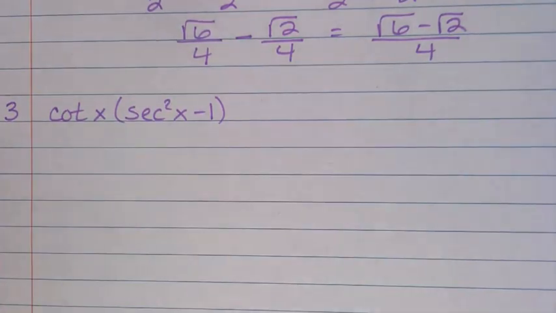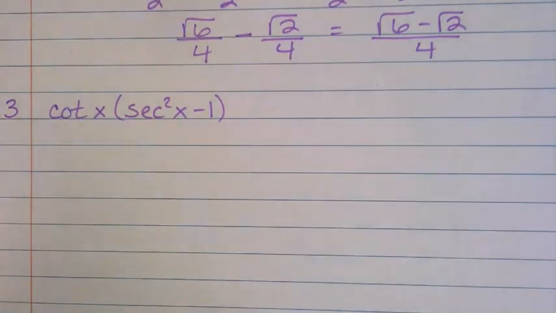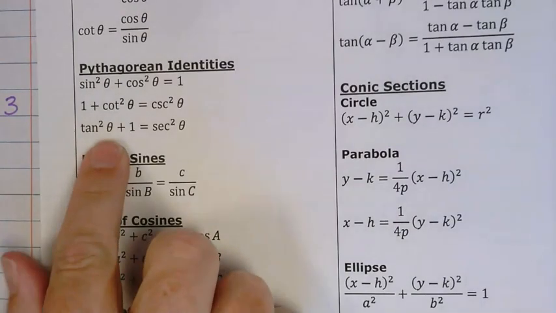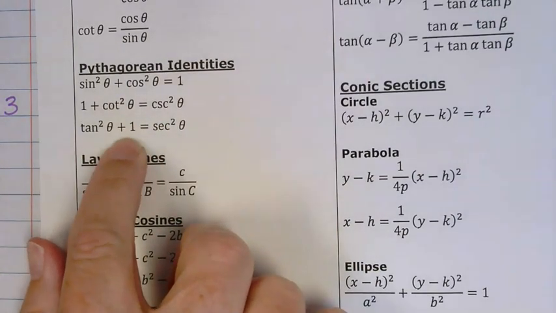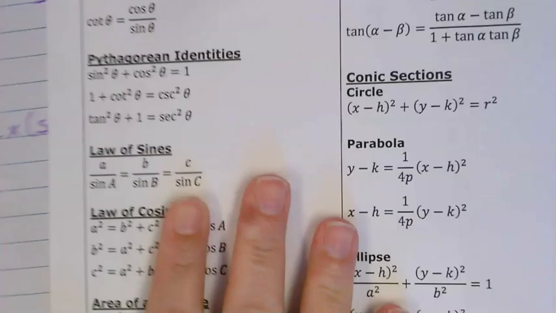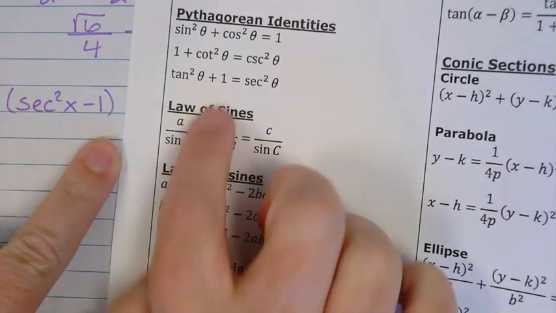Guys, we're on question number 3 about verifying. So let's talk about this question here. Secant squared minus 1. If we look right here, we have a secant squared, we have a 1. Now we can achieve secant squared minus 1 by just subtracting 1 over.